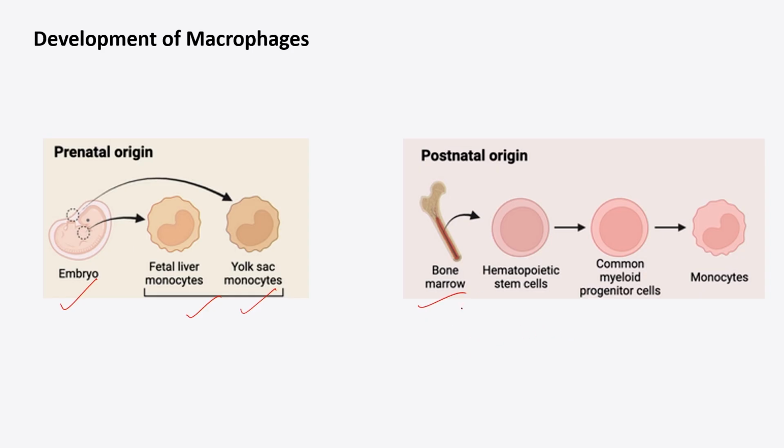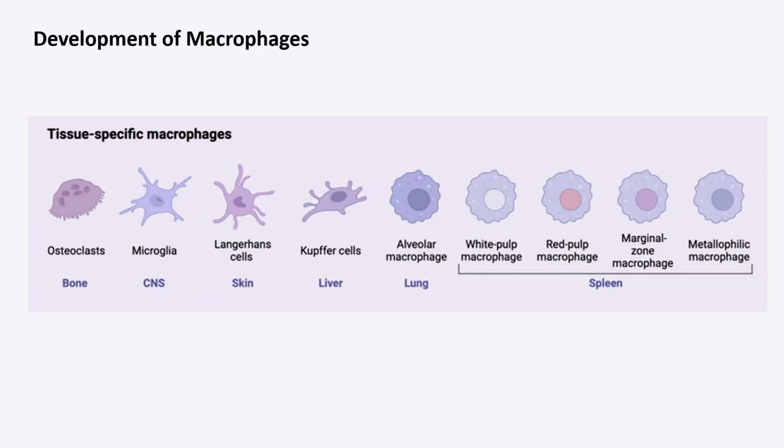Say the bone marrow can convert into hematopoietic stem cell, which gives the common myeloid progenitor cell, and further it can convert into monocyte, which we have seen in the first slide as well. So the development of macrophages, apart from the signaling pathway and all, is also different during the different phases of life. Their differentiation and origin is different in the prenatal, just before birth, and after birth, postnatal, their differentiations are quite different. Now also the macrophages could be very different when it comes to tissue level.